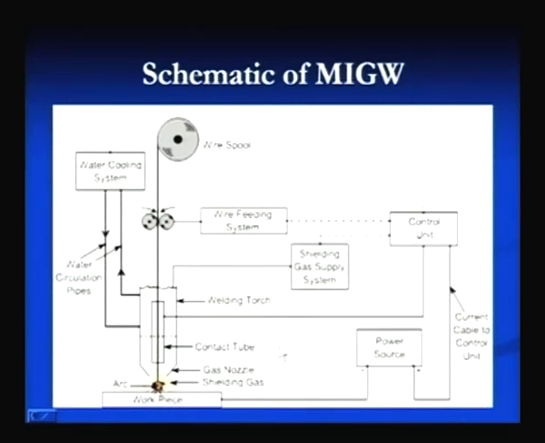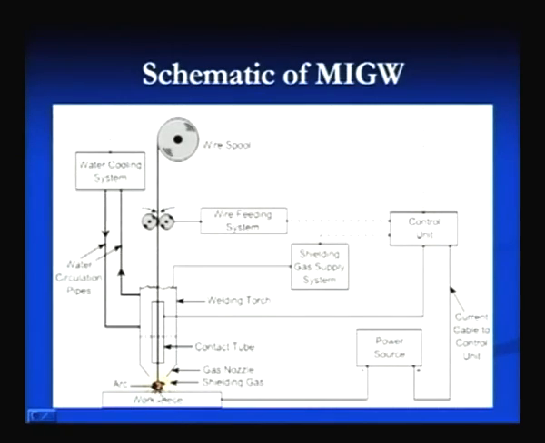The schematic diagram of the gas metal arc welding process can be seen from this diagram here. The continuously fed consumable electrode is supplied through this wire feed system, and this wire passes through this contact tube, and then contact tube delivers the desired current from the power source, and here an arc is struck between the workpiece and the electrode tip.